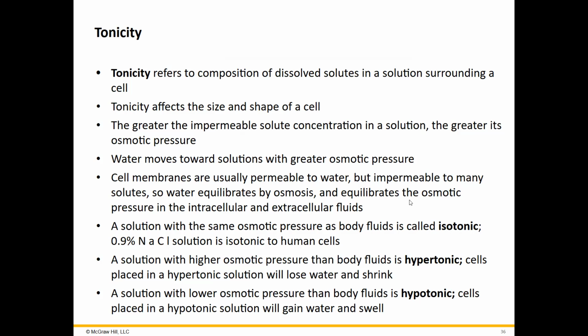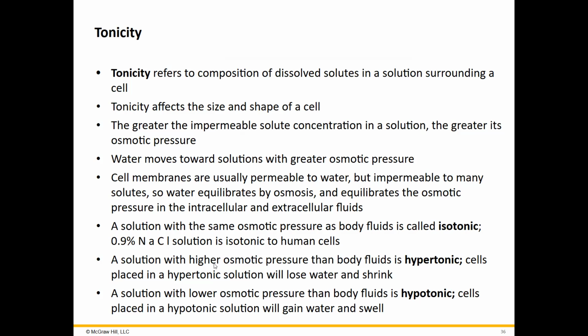Iso meaning the same, tonic meaning tonicity, the same tonicity, isotonic. When that happens, water does not move in or out of the cell, and the size and shape of the cell remain the same.